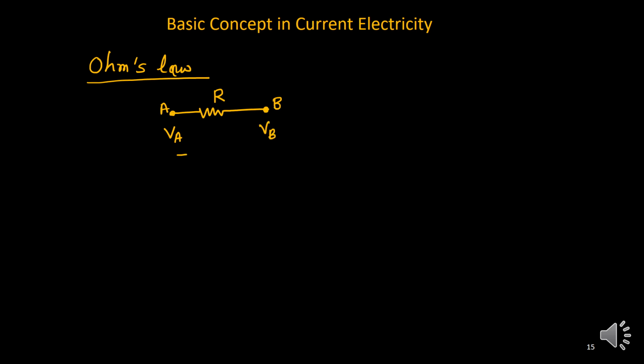This difference VA minus VB, suppose it is V. If I apply this potential across the resistance, we will get a current I, and that current I is directly proportional to V. Or I can say that if current I is flowing through the resistance, then a potential V develops across it, which is also proportional to I. Either one we can use.